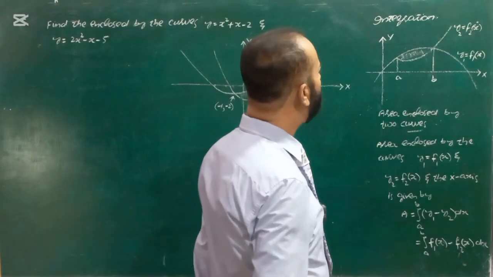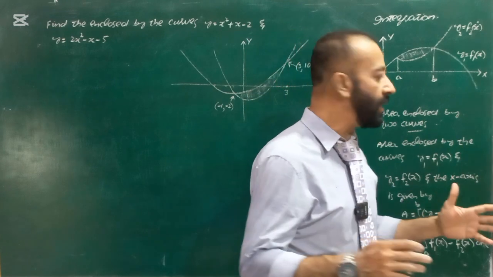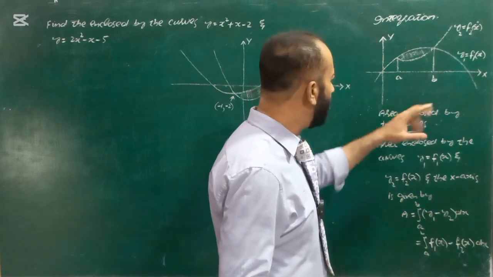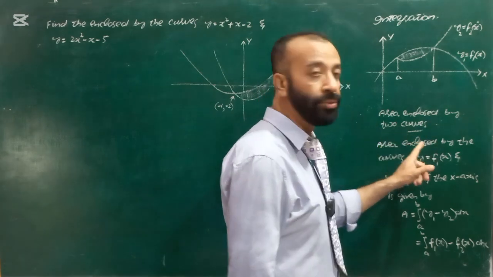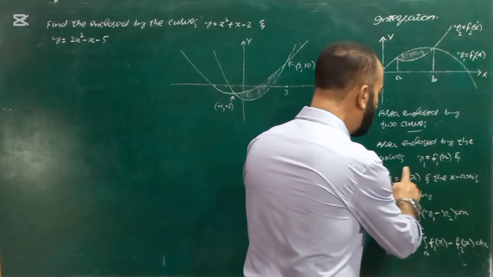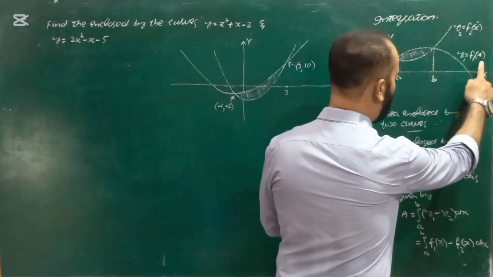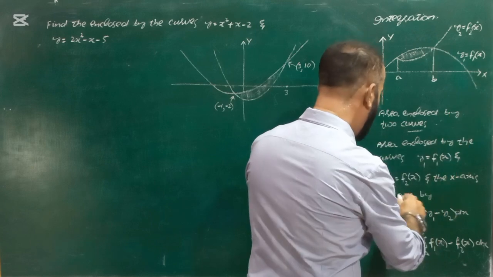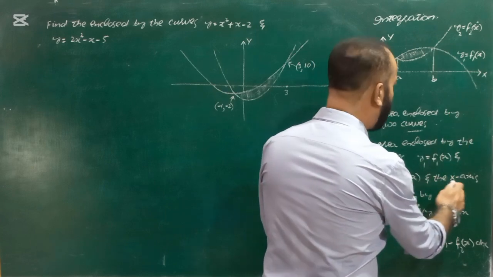The next category which we are going to read in the integration, and the topic is area under the curve, is the category area enclosed by two curves. So look now, area enclosed by the curves y1 is equal to f1 x, and y2 is equal to f2 x, and the x-axis.